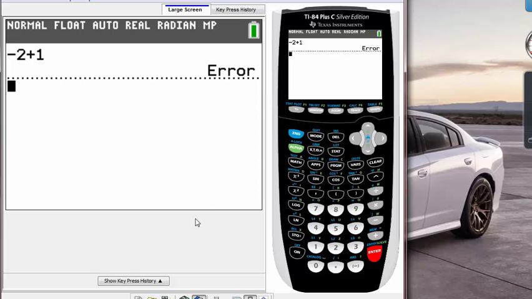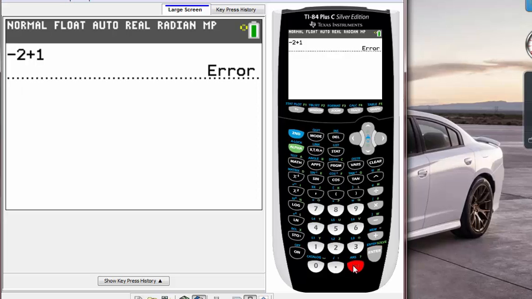So once you get out to the screen here, now let's look at what the negative sign really is then. Okay, so if you look under your number 3 keypad, you will see this button with the parentheses and bar inside of it, right? And that right there is used for a negative sign. So let's do the same exact thing, but instead of using subtraction sign, use that new negative sign that we learned.